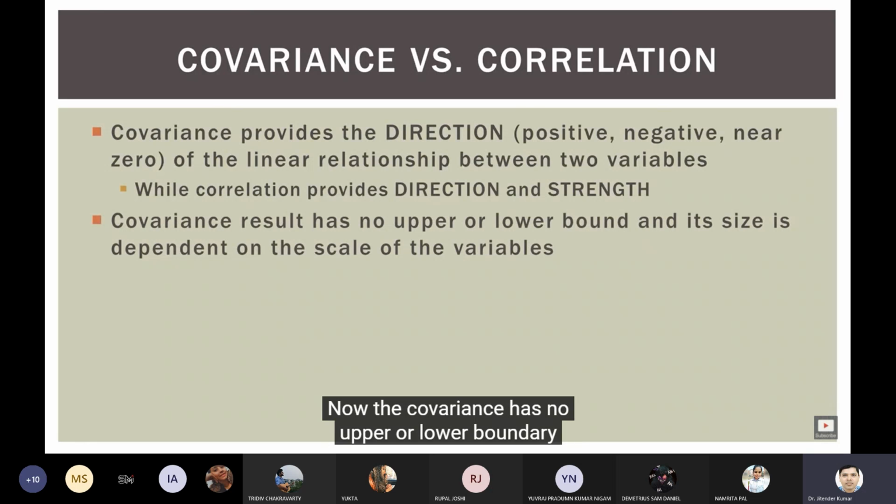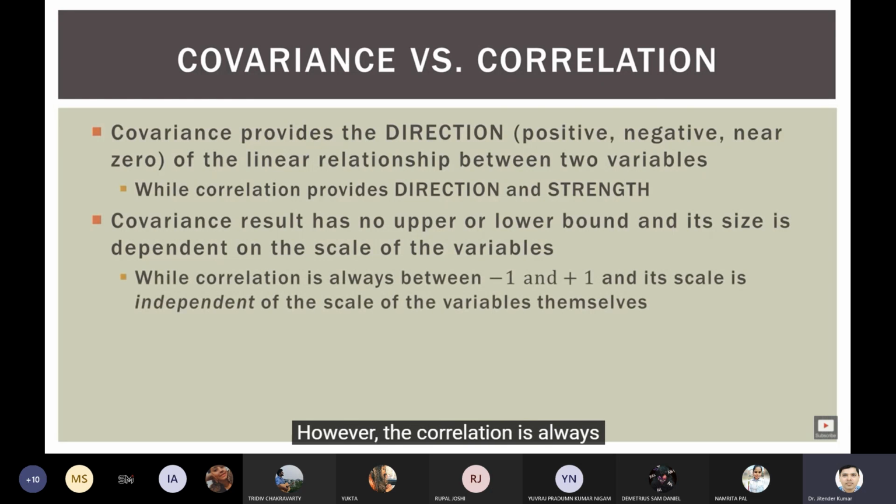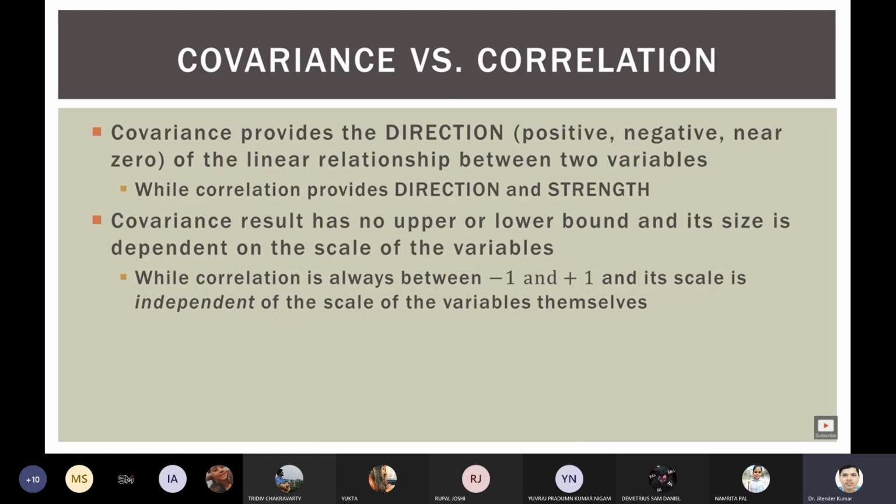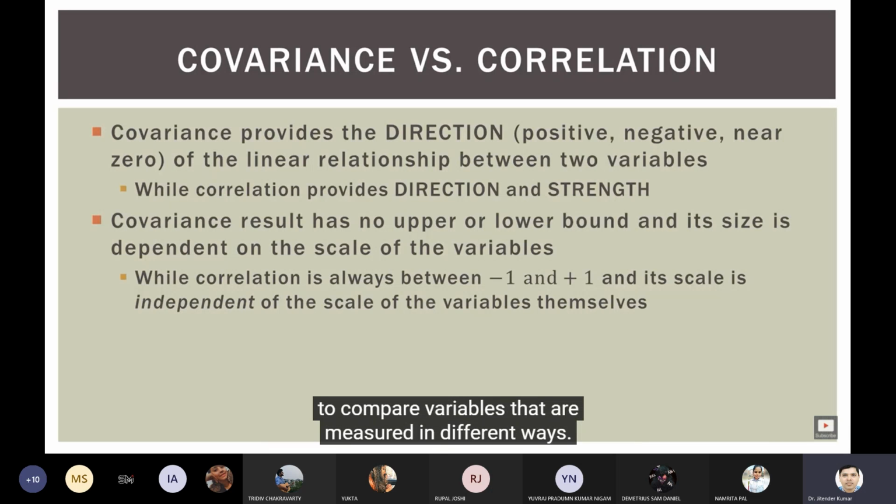Now, the covariance has no upper or lower boundary, and its size is dependent on the scale of the variables. So for the covariance, you're going to get a number that is related to the scale or the measure of the variables themselves. However, the correlation is always between -1 and +1, and its scale is independent of the scale of the variables themselves, which is very handy because it allows us to compare variables that are measured in different ways.